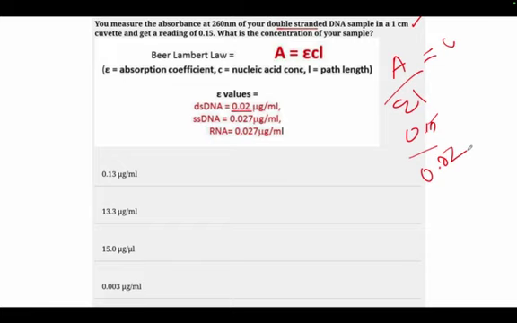Technically, that gives us a value of 7.5 mg per ml, which is not part of these options, but the correct option to this question would be 7.5 micrograms per ml.